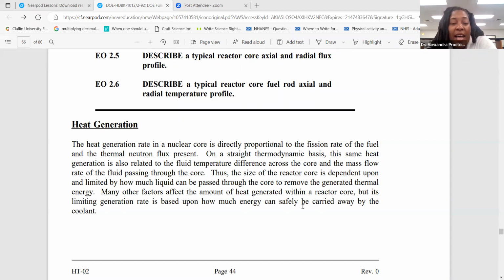Thus, the size of the reactor core is dependent upon and limited by how much liquid can be passed through the core to remove the generated thermal energy. Many factors affect the amount of heat generated within the core, but its limiting generation rate is based upon how much energy can safely be carried away by the coolant.